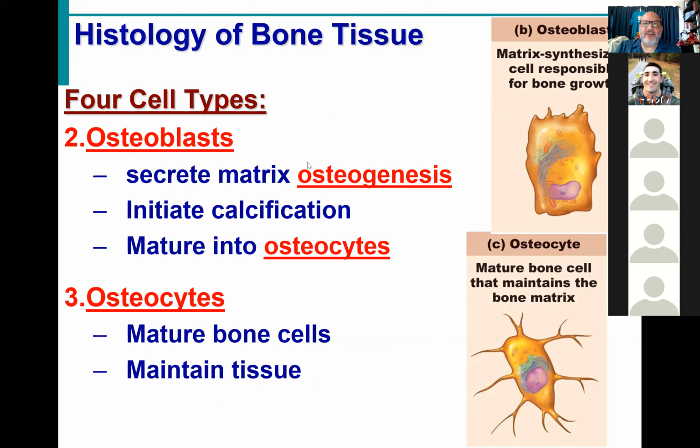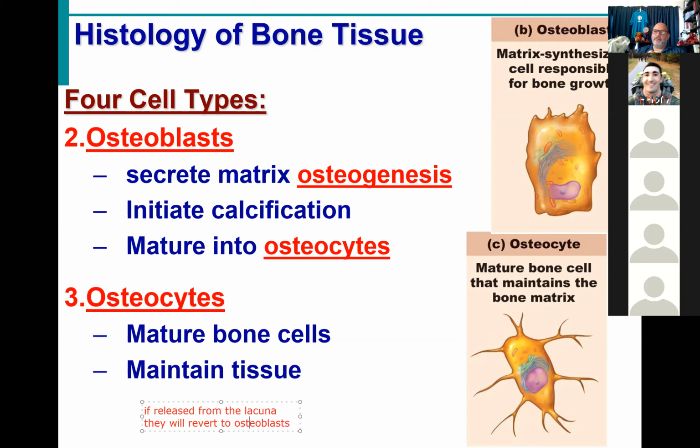But again, remember, as we mentioned, if released from the lacuna, like from damage or a breaking of the bone, they will revert to osteoblasts and can start making new matrix again.